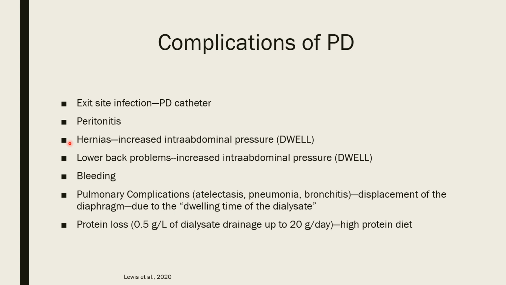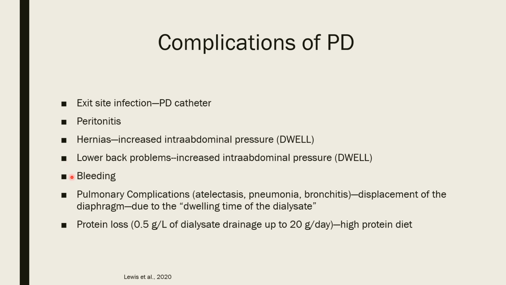And because earlier I mentioned to you that some of the component of the dialysate should stay there or should dwell for a long time, that increases intra-abdominal pressure. Your patient can also have lower back problems because of the increased intra-abdominal pressure there.